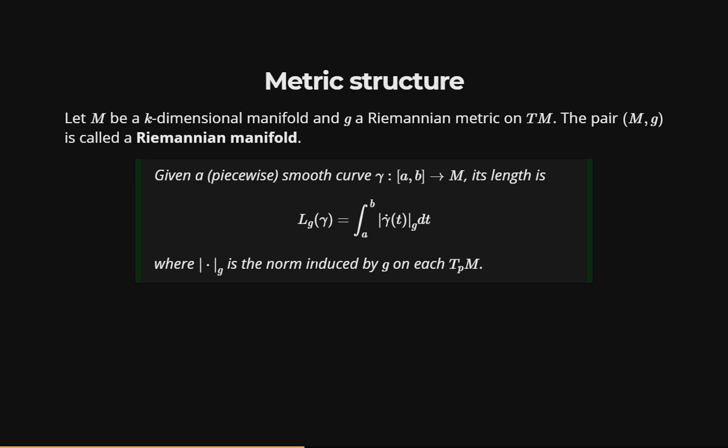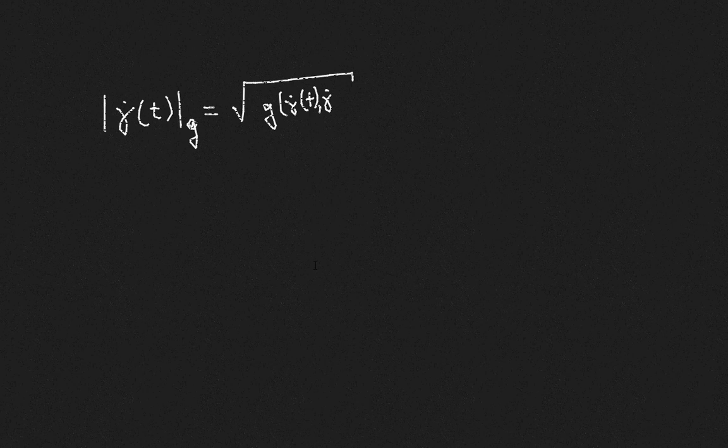If you want to write it out, this thing is just the square root of this thing. Notice that this is a function depending on t, the parameter on the interval, and we integrate it on the interval.